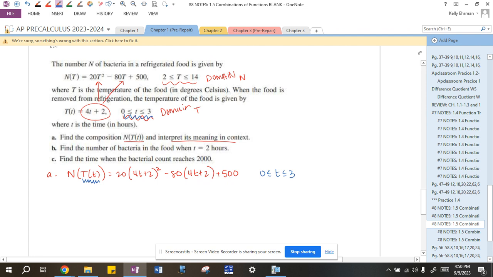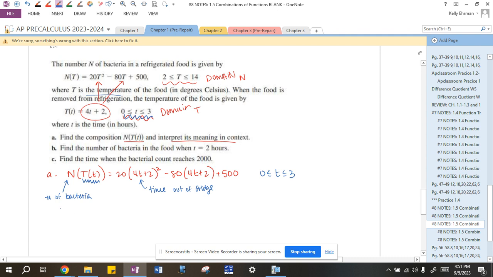Interpret its meaning in context. So composition is weird to think about, but remember, N, the outer function, is still a number of bacteria. And the original function was number of bacteria based on temperature, but now it's number of bacteria based on the time out of the fridge. So how do we interpret that?